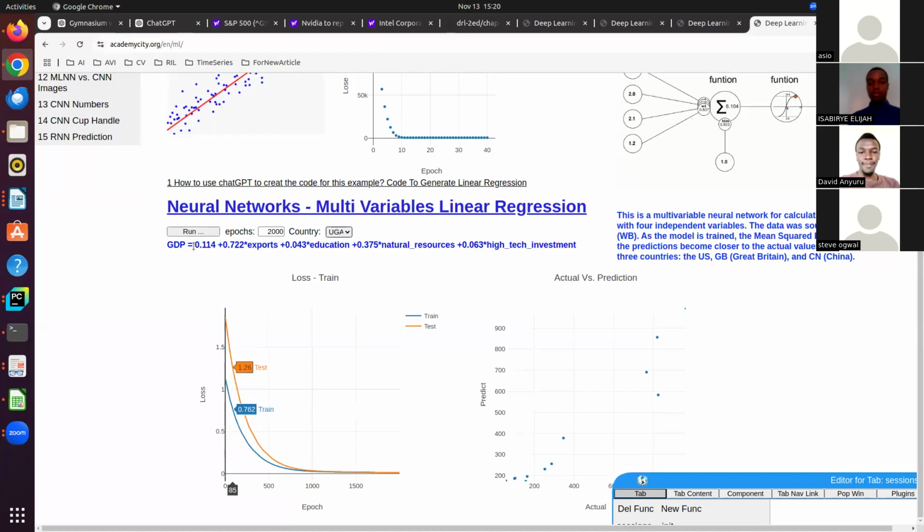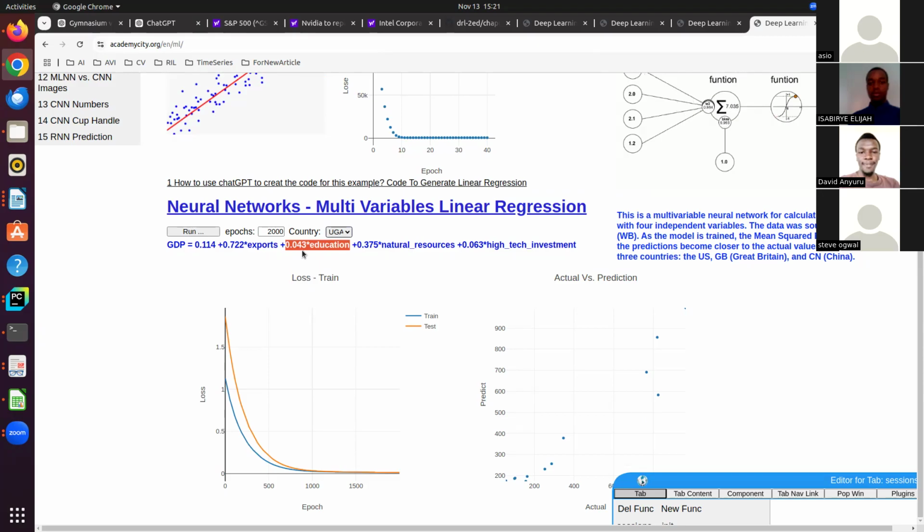The parameters in this example are the coefficients and the intercept, and those are the coefficients that explain how export really relates to the GDP in Uganda. It's very important. Export really is one good measure of the GDP. You look at education, not really much. And really, for most countries, general education is not what really explains the GDP.